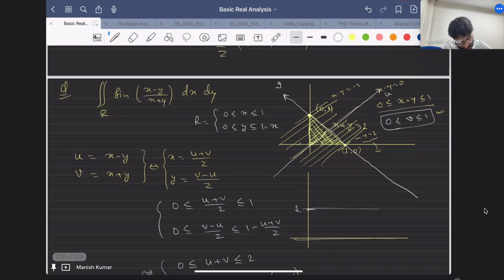So now let's just focus on this thing. Okay, so now this v, sorry, I think I drew it at the wrong place. It should be here. This represents v equals 1, right? So the v coordinate should be here.